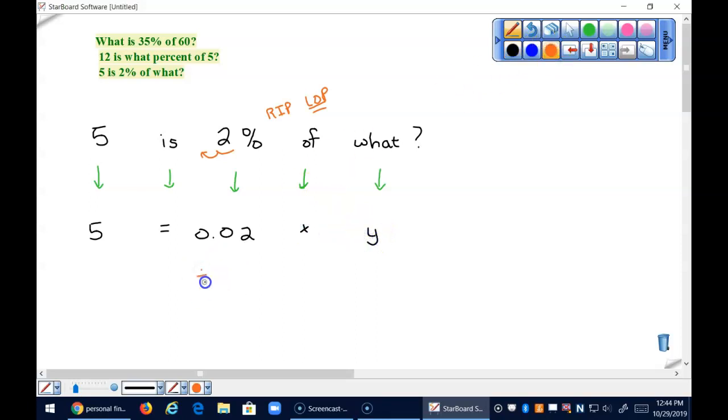We need to divide both sides by 0.02. We get 250.